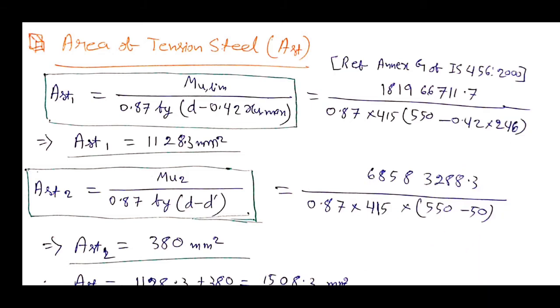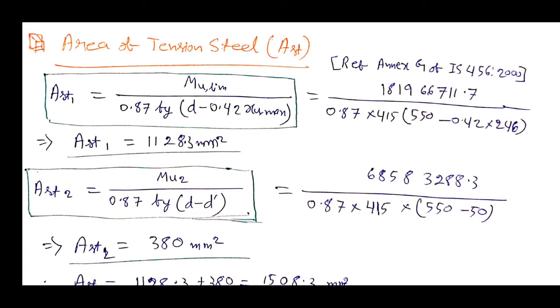Now the next step is the area of tension steel, AST. In this case also we will find the area of tensile steel and the number of bars to provide. So AST1 is equal to Mu lim by 0.87 Fy into (d minus 0.42 Xu max). Now put the value of Mu lim, that is 181966711.7, by 0.87 into 415 into (550 minus 0.42 into 246).